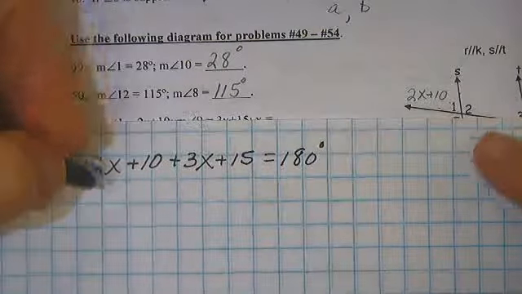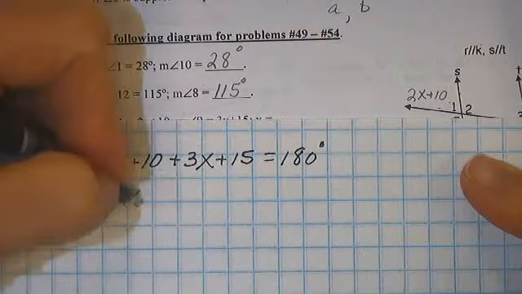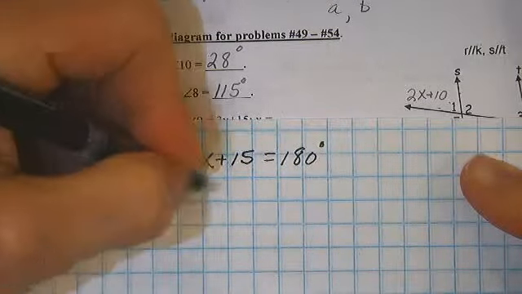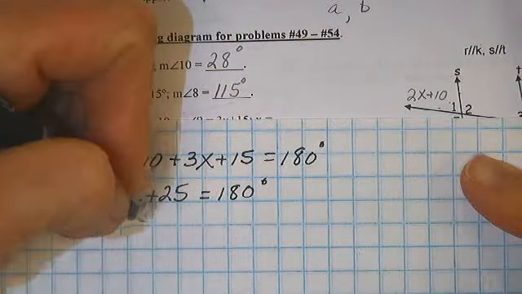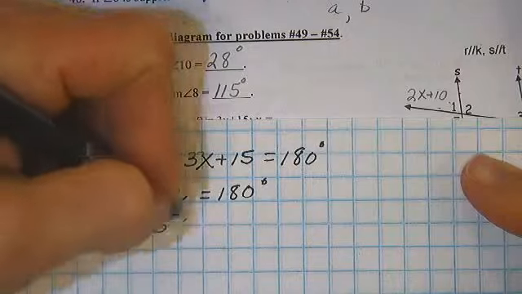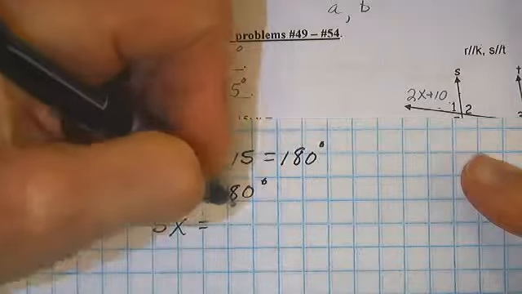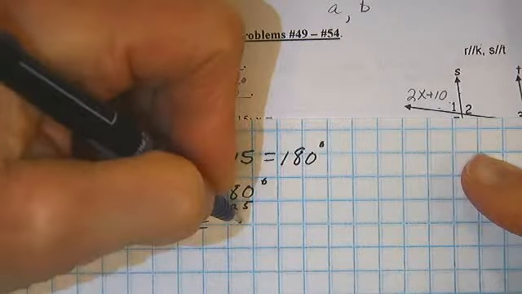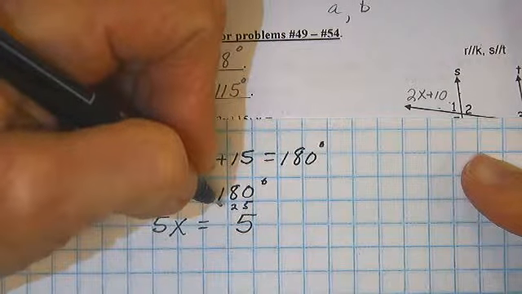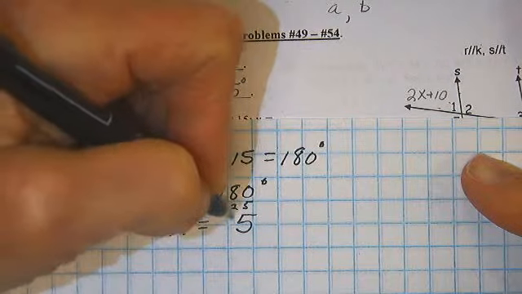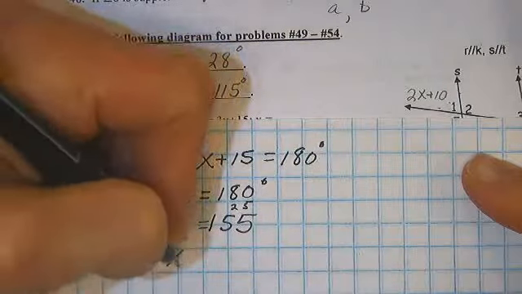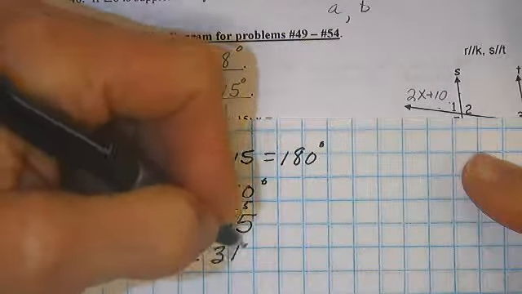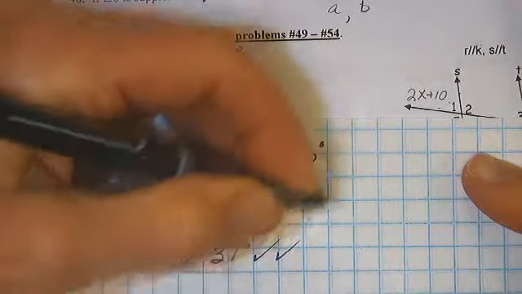This gives me 5x plus 25 equals 180 degrees. Subtract 25 from each side. 5x is equal to 155. x is equal to 31 degrees. I think. Double check my arithmetic.